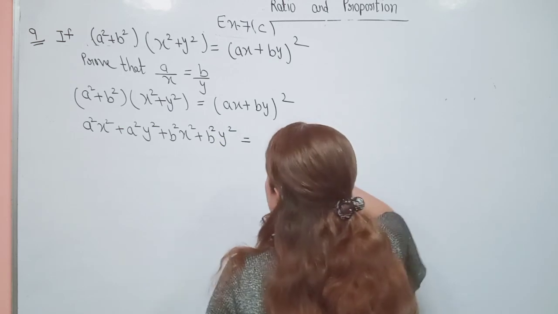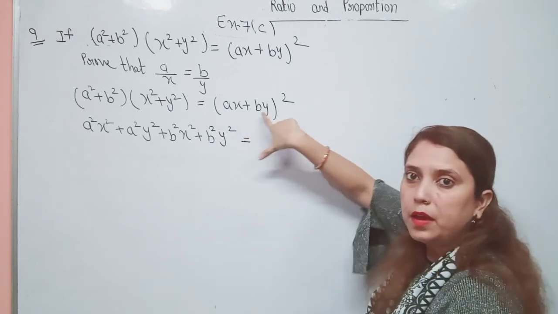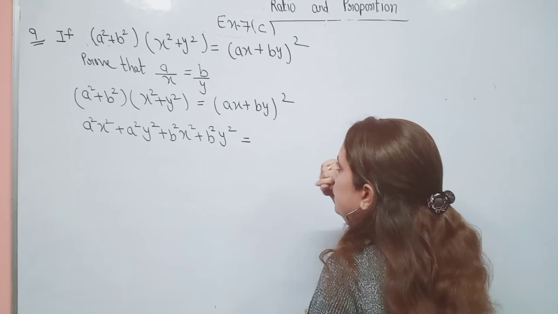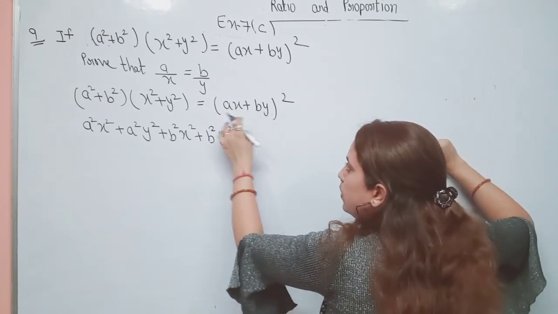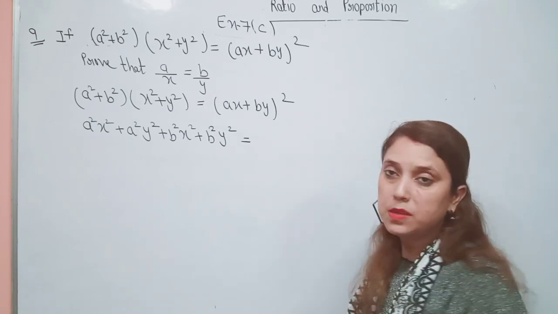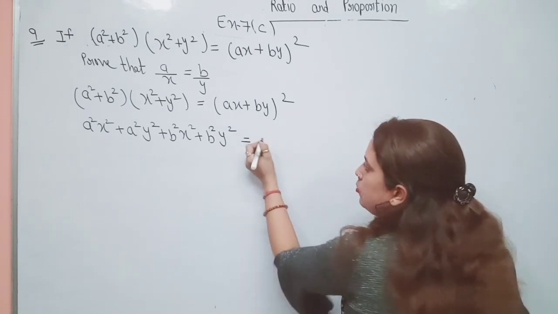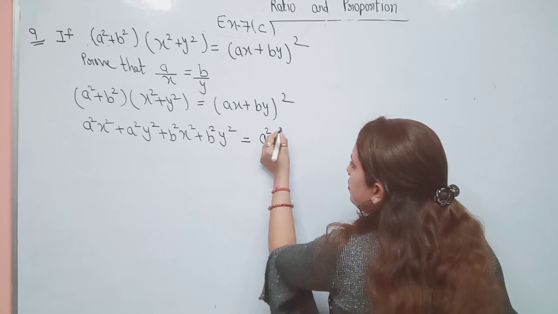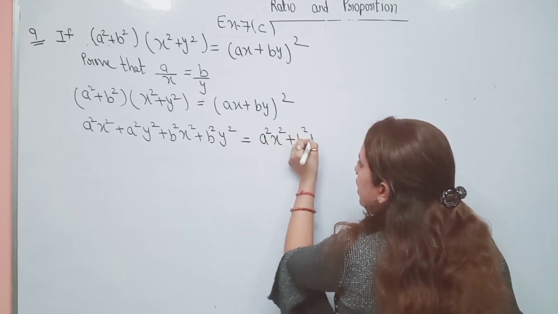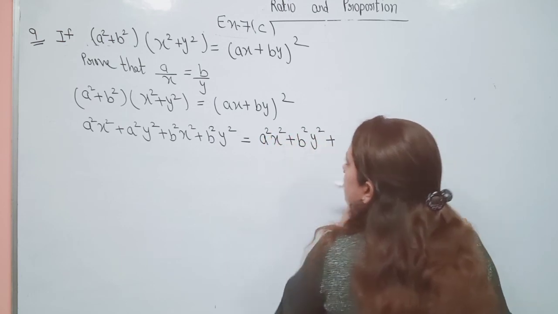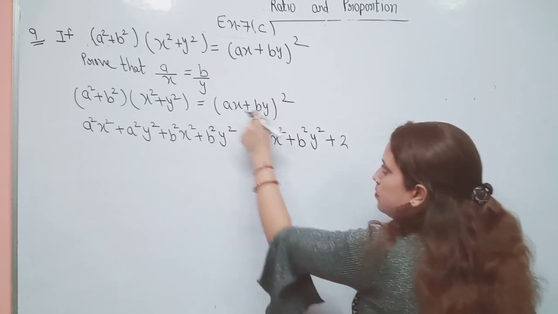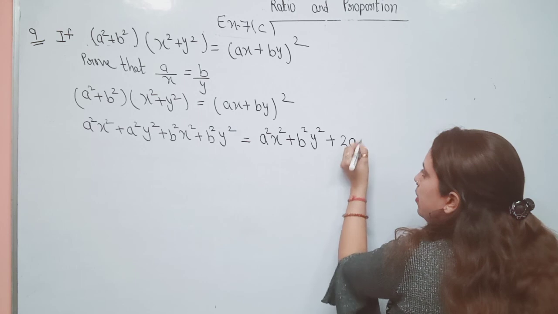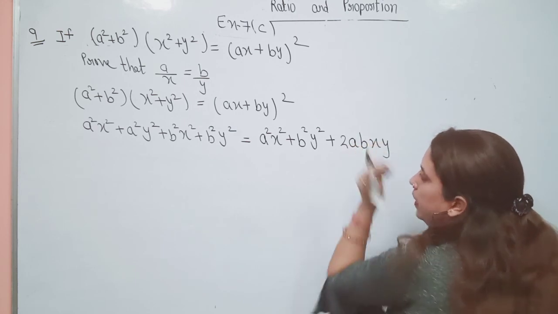Now right hand side, ax plus by whole square. Open it, the a plus b whole square is the identity. What will be the identity? a square plus b square plus 2ab. So it will be a square x square plus b square y square plus 2ab, where a is ax and b is by, so 2abxy.